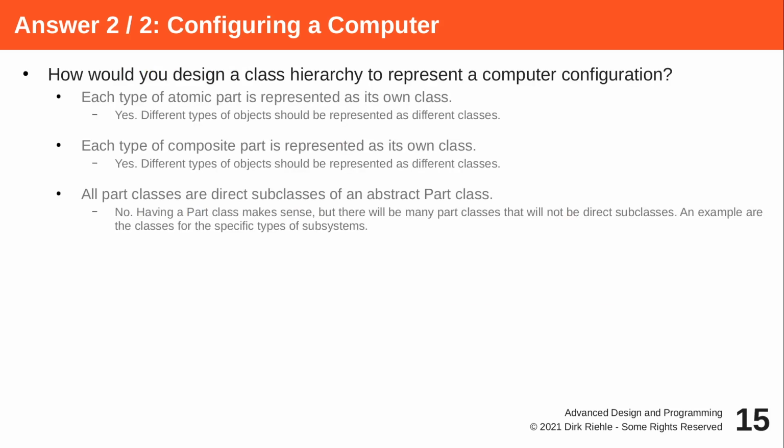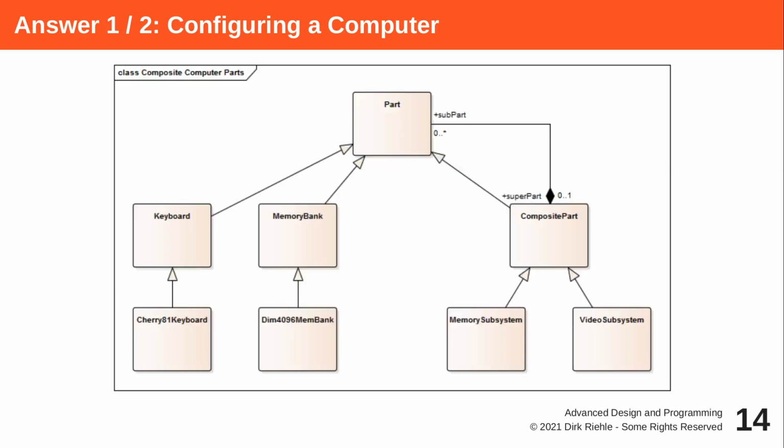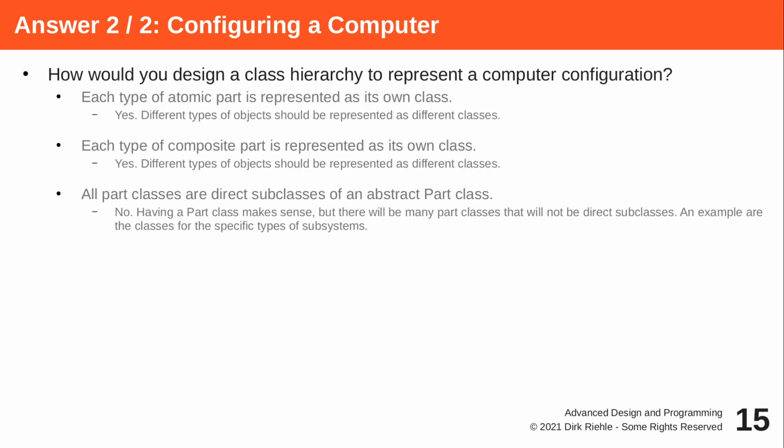That is a reasonable way of applying the composite pattern here, which gives us part and composite part, with this key structure of managing child objects called subparts, while the composite part itself can be a subpart as well.